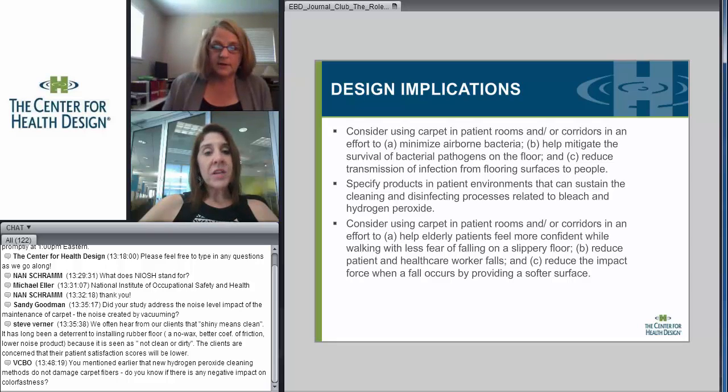I think a lot of systems underestimate their cleaning crews. I also know that there's research out there that says there's a direct correlation between the money that you invest in your housekeeping and environmental services and the quality of the job that gets done.